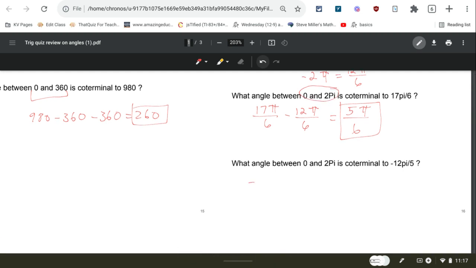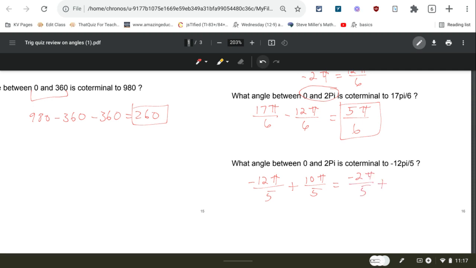All right, this one is negative 12 pi over 5, and we're going to have to add on a 2 pi, which to add on 2 pi is going to be 10 pi over 5. Yep. All right, if we do it once, that's going to give us negative 2 pi over 5.